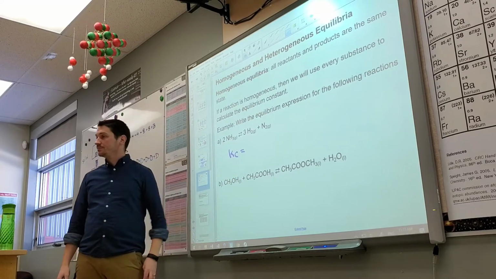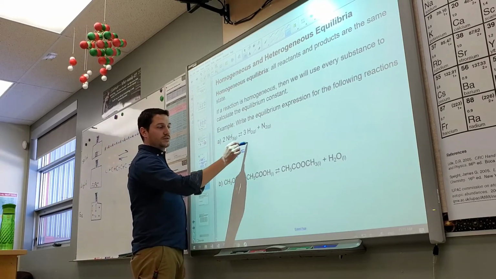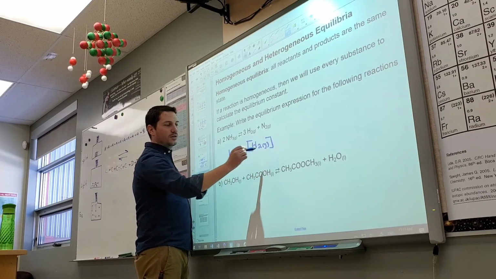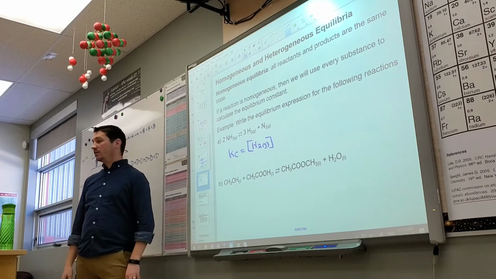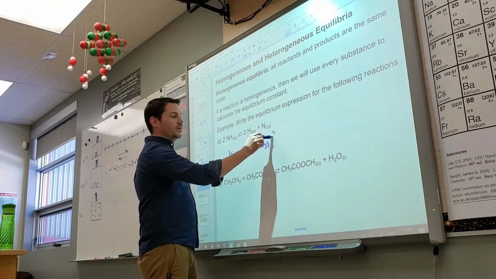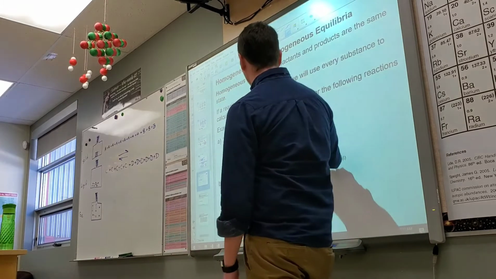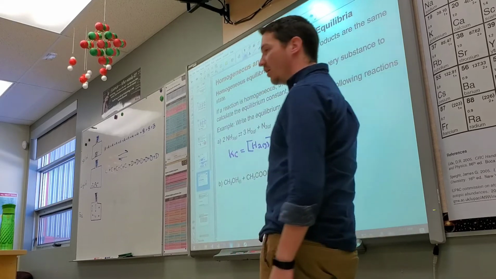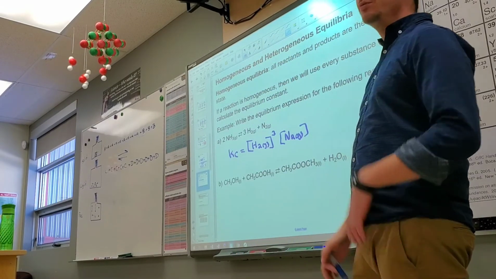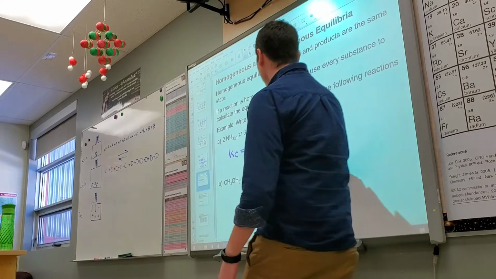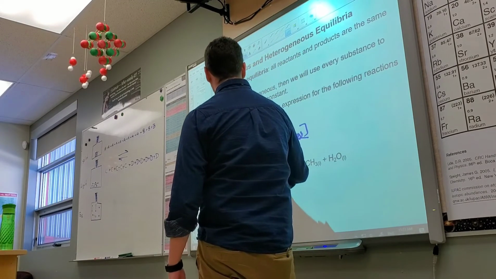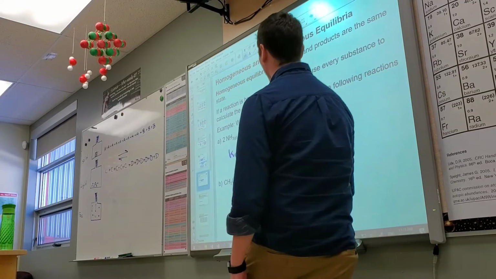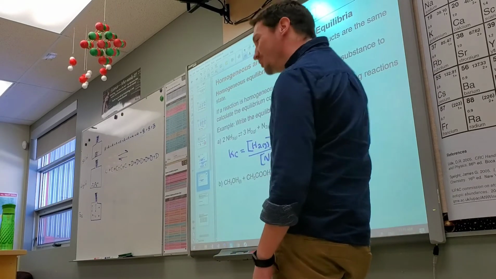Kc is the concentration of hydrogen gas raised to the power of 3, times the concentration of nitrogen gas raised to the power of 1, so we just won't write it, all divided by the concentration of ammonia gas raised to the power of 2.